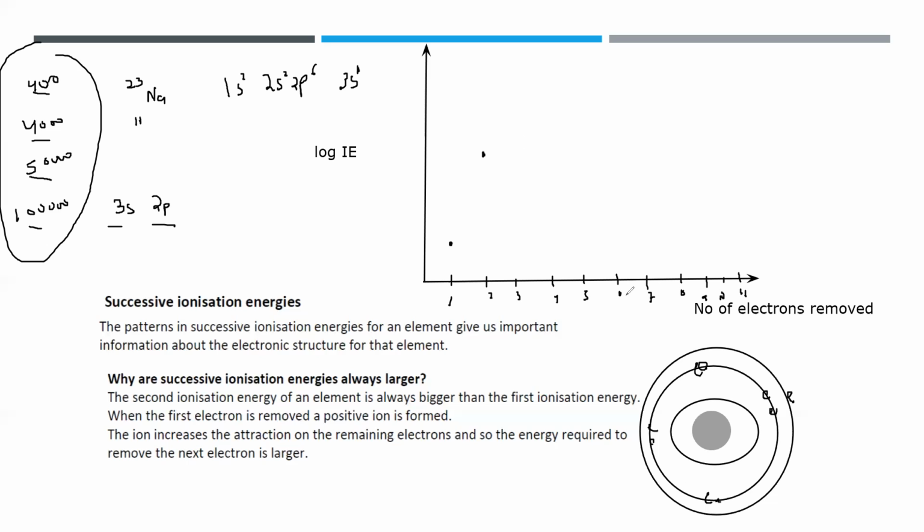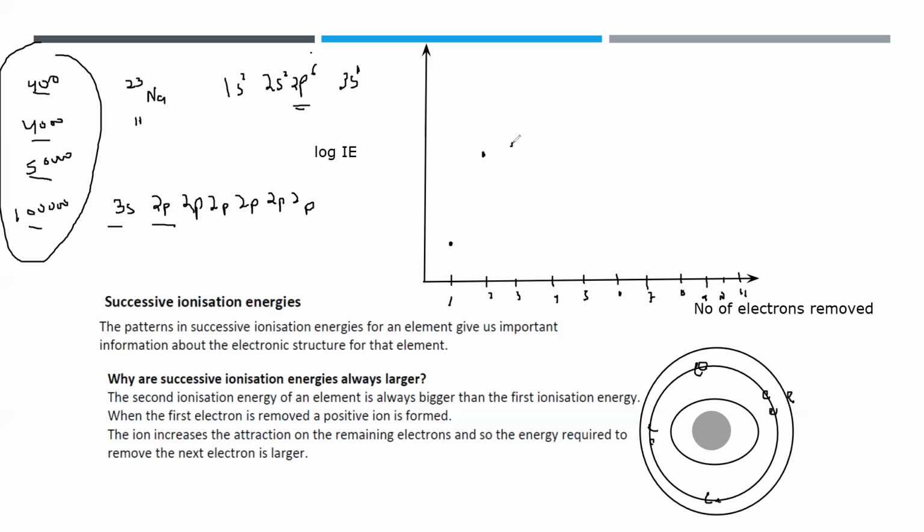Then you remove another electron. Another electron you also remove from 2p because there are 6 electrons. So you remove another electron from 2p, then another, until you remove all of the 6 electrons present in 2p. But because you are removing the electrons from the same shell, there will be a gap, but a very small difference in ionization.